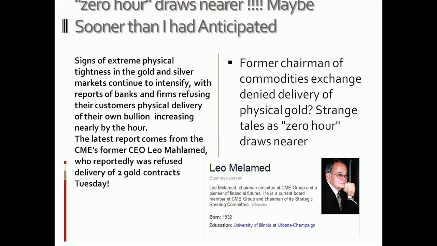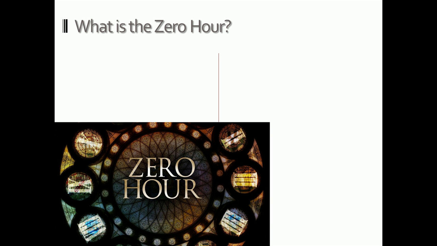This is what I believe, that the 0 hour draws nearer. Now, what is the 0 hour? Under the 0 hour scenario, the price of real physical metals starts to break away from the paper price, and that too in a dramatic fashion. Indeed, physical metal could prove very, very hard to come by.